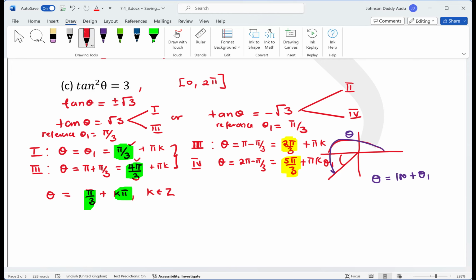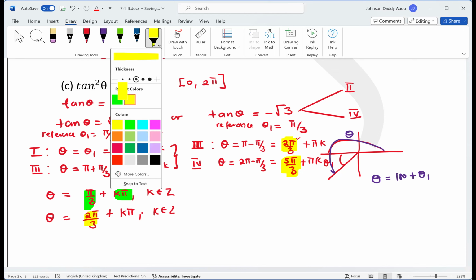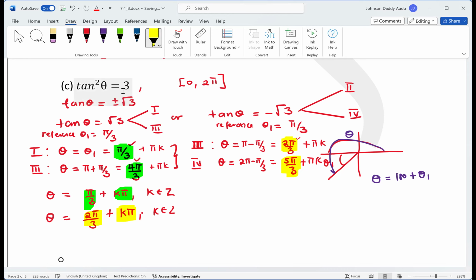If k is 0, you get 2 pi over 3. If k is 1, 2 pi over 3 plus pi will give you 5 pi over 3. So these two also we can combine, and we will write 2 pi over 3 plus k pi. See, so this one should be the yellow one. Okay, so this is the solution for this question.